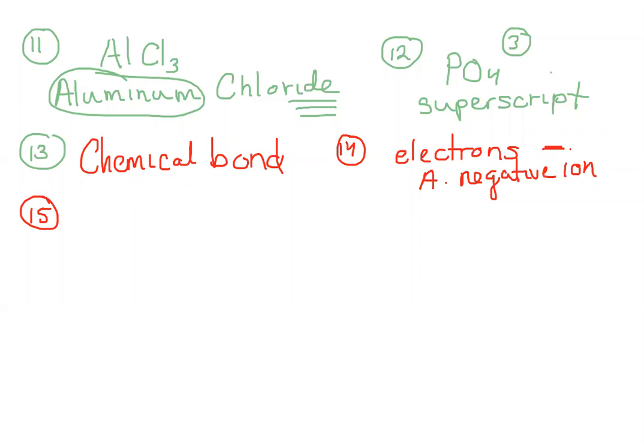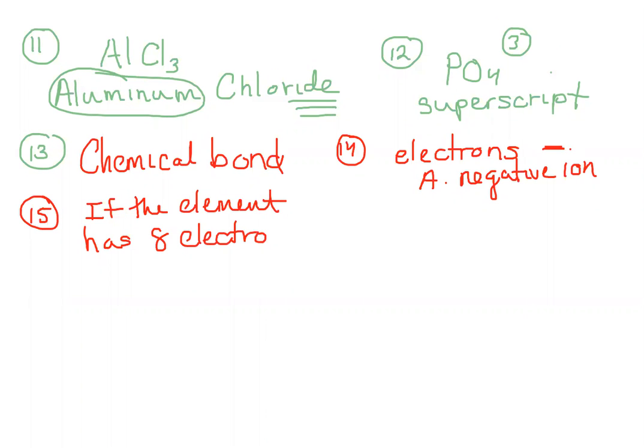Number 15, explain why some elements are stable on their own, why others are more stable in compounds. Okay, it's because what we talked about back at, I think, number 5. If the element has 8 electrons in its outer shell, then it's stable on its own.